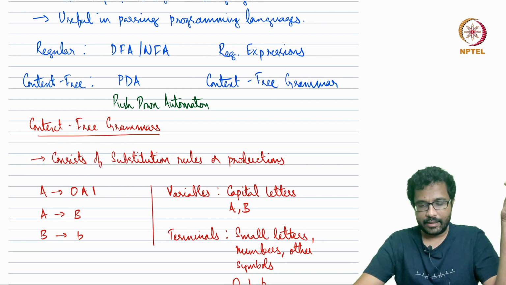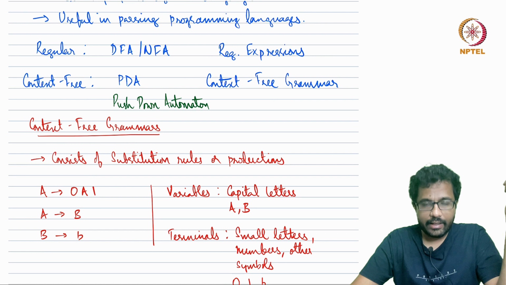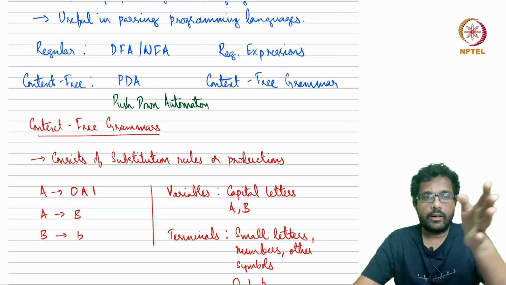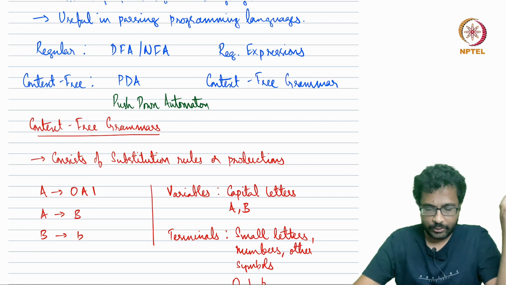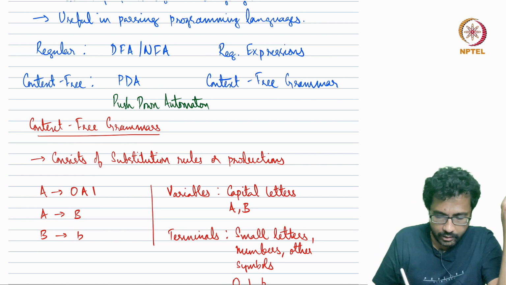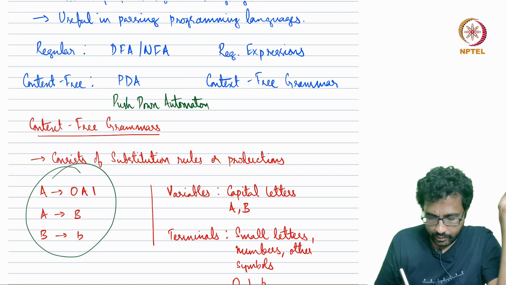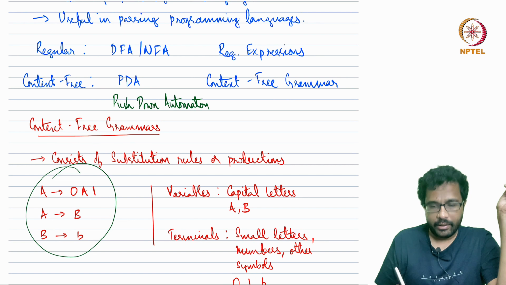So let's start. What are context-free grammars? Basically we have some variables and we have rules to interpret these variables. Here on the left side we have these 3 rules. One is A right arrow 0A1, then A right arrow B, then B right arrow small b.